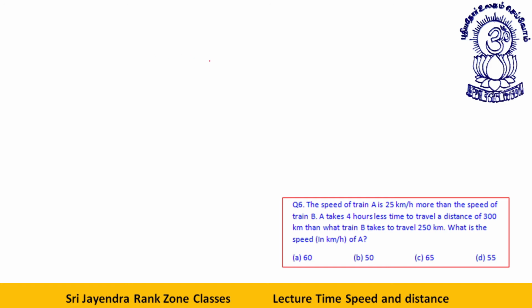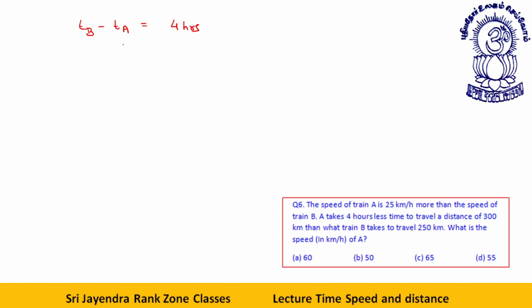What is the speed of A? It is a bit different question. The thing is, see students, we are given that A takes 4 hours less to travel a distance of 300 km than what train B takes to travel 250 km. Train A takes 4 hours less.